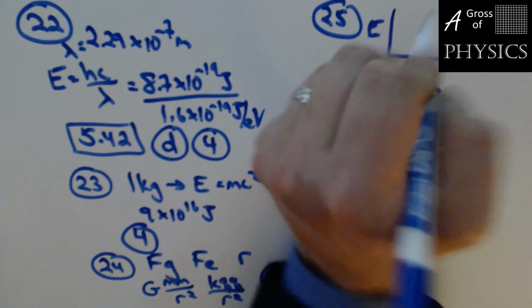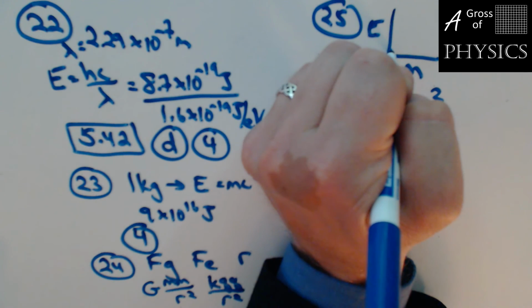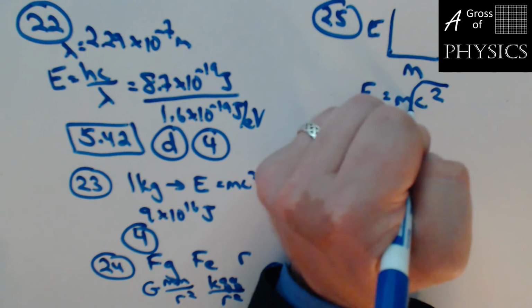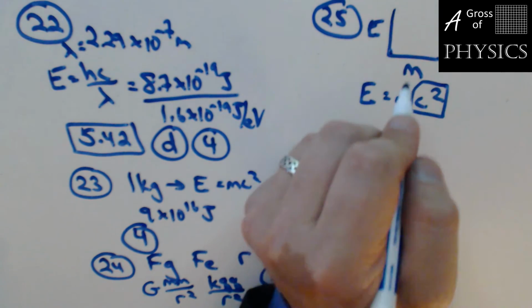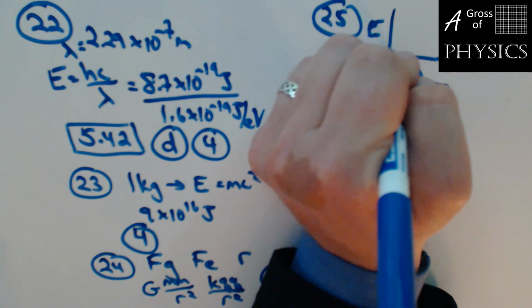Looks like number 2 shows the only squared relationship. Oh no. E and m are direct because c is a constant. Aha, trick. So that's going to show a direct relationship. That's going to be choice 1.